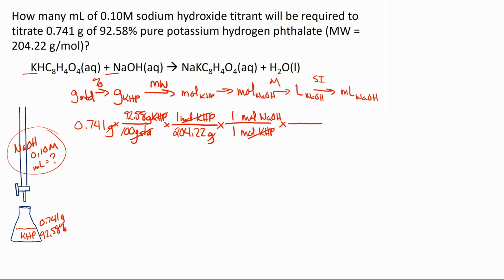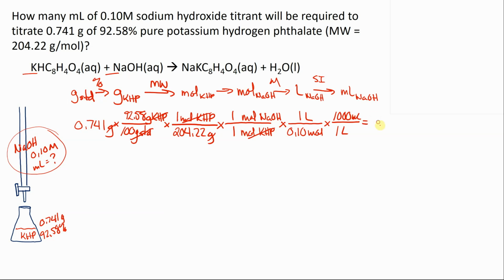Okay, and now this is the step where I'm going to use molarity to change from moles of sodium hydroxide to liters of the sodium hydroxide solution. And that's the 0.10 moles per 1 liter. So that's now liters of sodium hydroxide solution, liters of the titrant. And to get to milliliters, just the SI prefix. 1 liter is 1,000 milliliters.